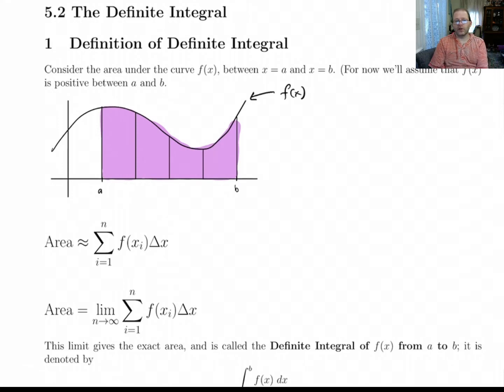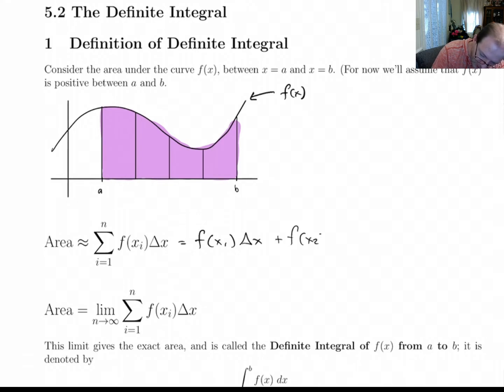I did a short video on that you should look at if you're not familiar with sigma notation. But what this is, it's f of x1 times delta x plus f of x2 times delta x up to f of xn times delta x. N here is the number of rectangles.